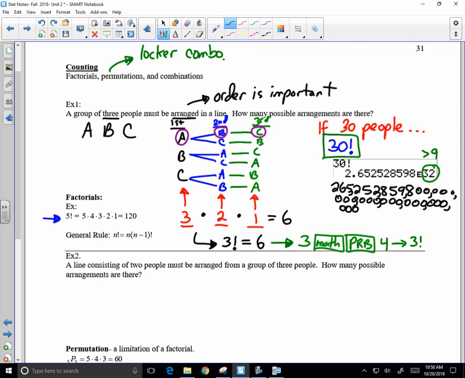But that's not why we're ditching this notation, because it's equivalent to that. No, that has nothing to do with it. It has to do with the fact that this can't possibly be 30 factorial. Right? To end with that many zeros, we're multiplying 30, 29, 28, 27, 26, 25, all the way down to 1. The chances that we're going to get a number that has this many zeros in it is remote.